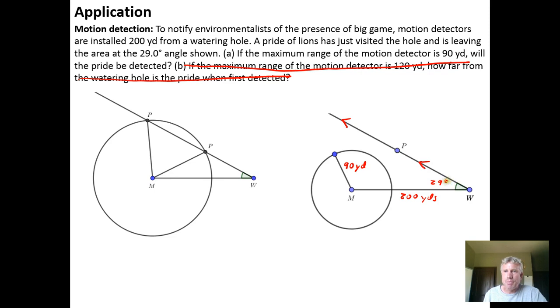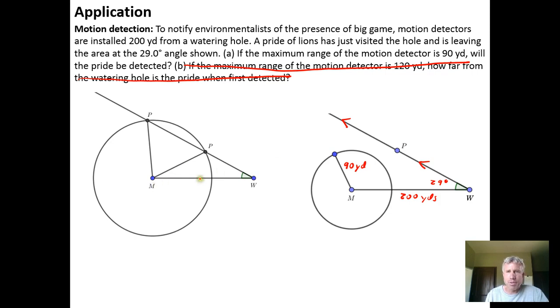So one possibility is that the range of the motion detector isn't great enough to intersect with the projected trajectory of the lion pride. And if the range isn't large enough, then we don't detect the lion pride.